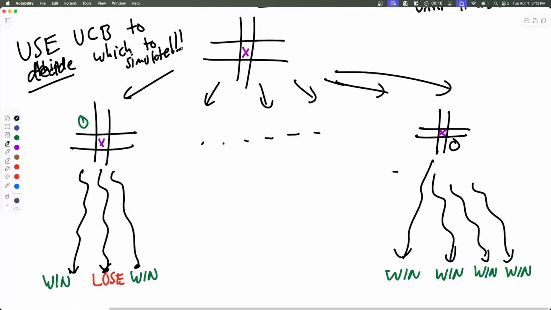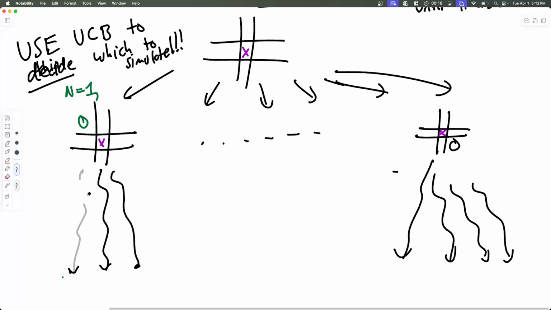So instead of doing 100 for each of them, at the beginning we don't know anything. We haven't tried anybody. So we're thinking of the situation of having 8 possible moves like the bandit algorithm with 8 arms. At the beginning, we don't know any of them, so we just pick one at random. Maybe we try this one one time, we try this one one time, and then we do one rollout.